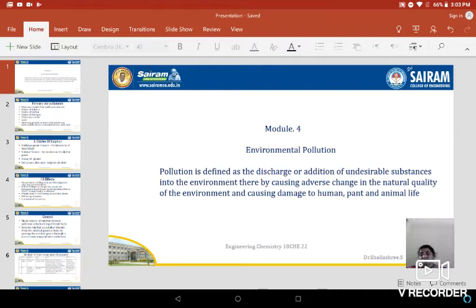Among these constituents, the oxides of carbon, oxides of sulphur, oxides of nitrogen and ozone are regarded as pollutants if they are present in concentrations in excess of maximum permissible limits. What is the excess of maximum permissible limits? For example, in natural atmospheric air, sulfur is already present, nitrogen is present, and carbon is also present.